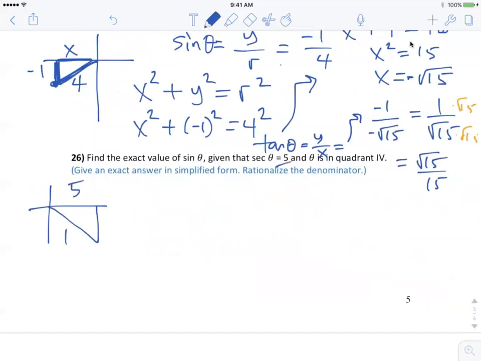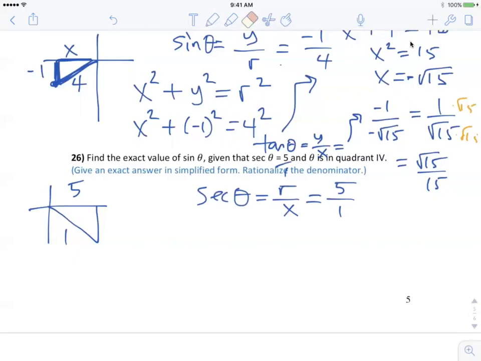And remember, secant by definition is, that's not right. Secant, let's go a little more careful, is r over x. R is 5, x is 1.